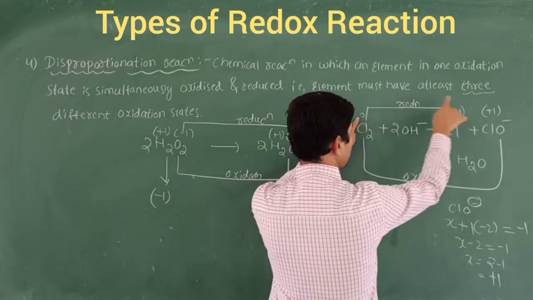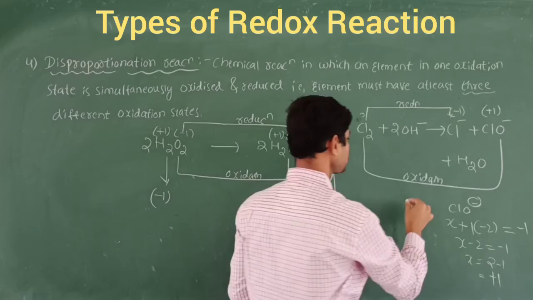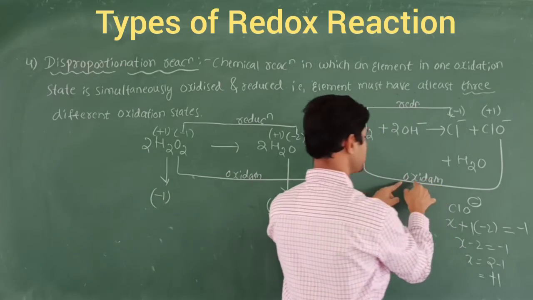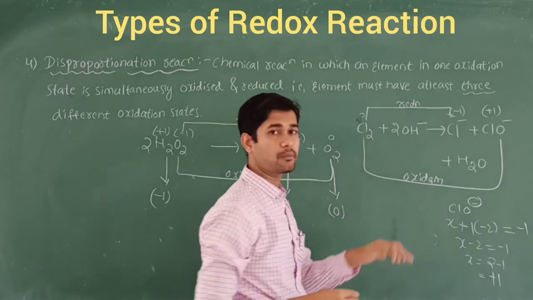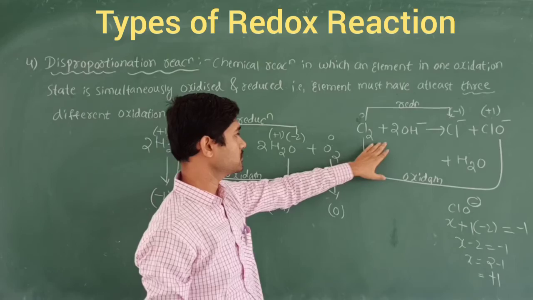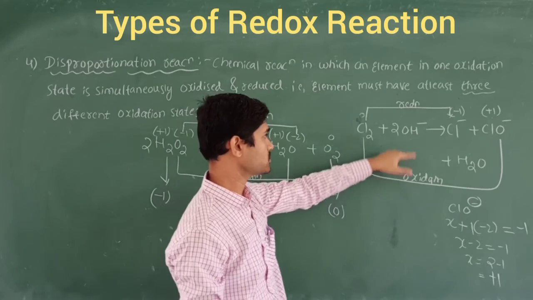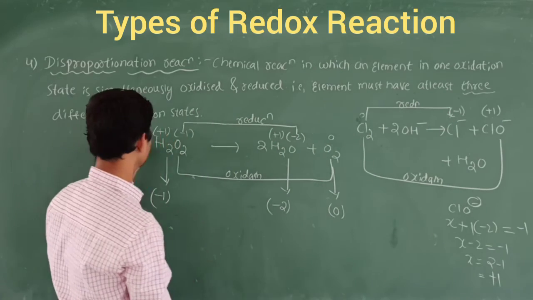When 0 to +1 state, right? 0 to +1 means loss of 1 electron. Loss of electron we write as oxidation. What about here? 0 to -1, that is reducing, that is called reduction. So in this case the reaction has simultaneous oxidation and reduction, as well as three different oxidation states.